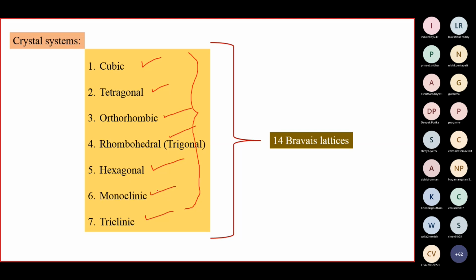Of these 7 crystal systems, some have been further subdivided into 14 Bravais lattices.